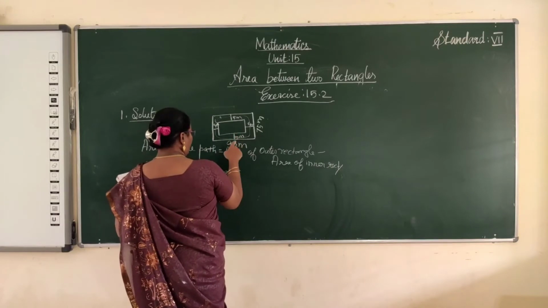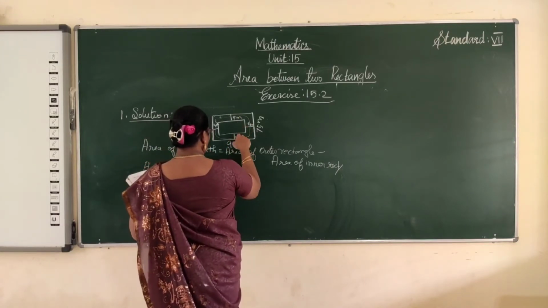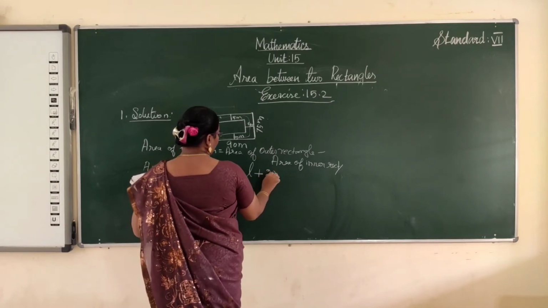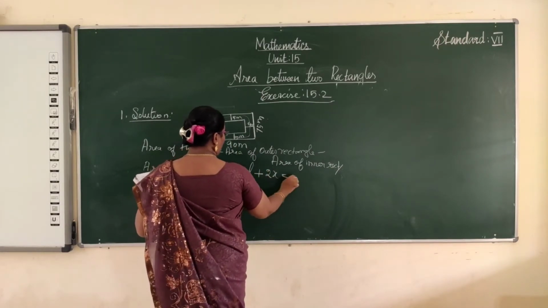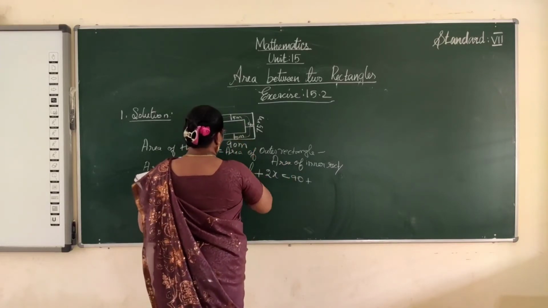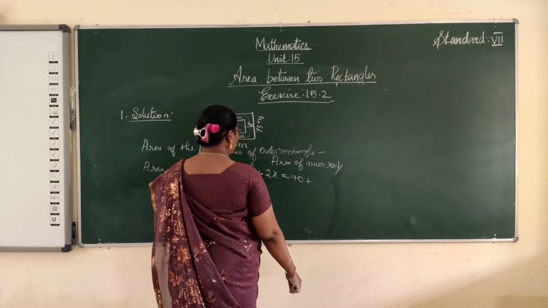The path is 5 meter distance on both sides, so L plus 2x. Here L value is 90 plus 2 into x value, which is 5.